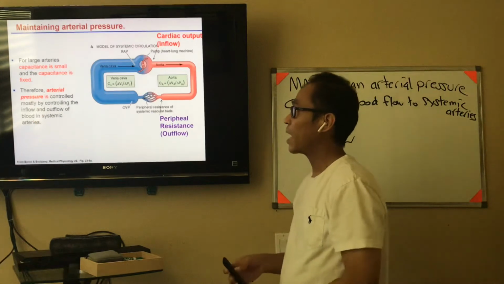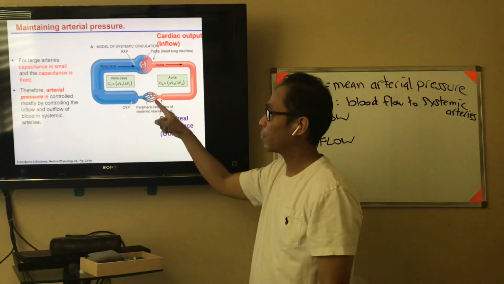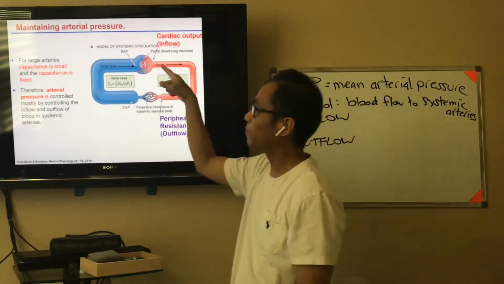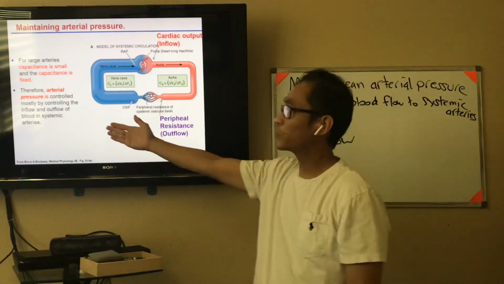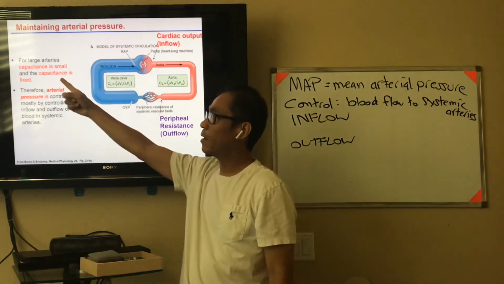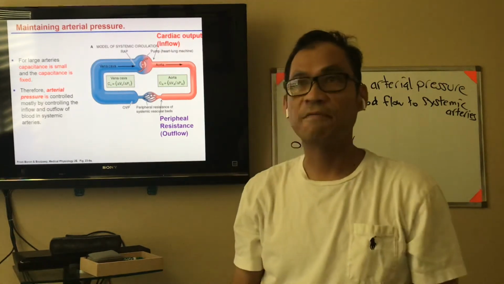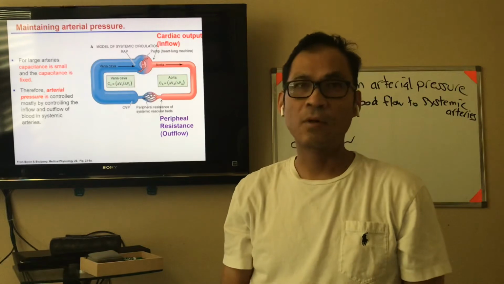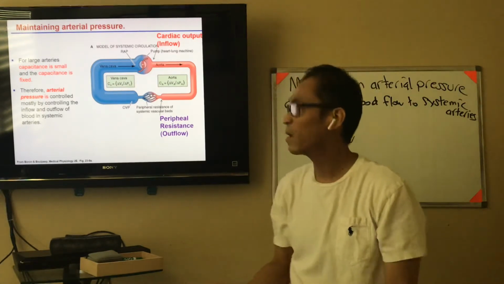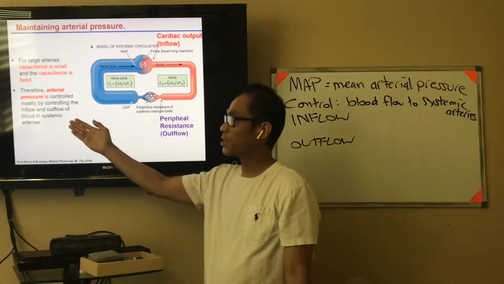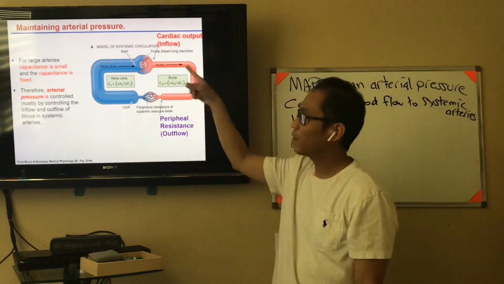Now here's a simple diagram of the circulatory system: heart, arteries, capillaries, veins. To remind you of things we talked about with arteries, for large arteries, the capacitance is small and the capacity is fixed. If you look at your notes, I describe them as a stiff vessel with a small capacitance. They don't hold very much, maybe 15% of blood at any given time. Therefore, arterial pressure is controlled mostly by controlling the inflow and the outflow of blood.